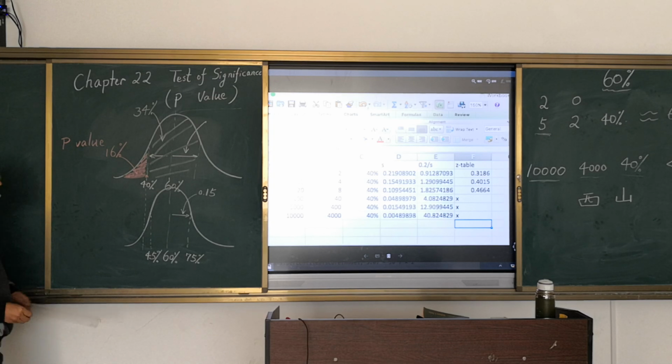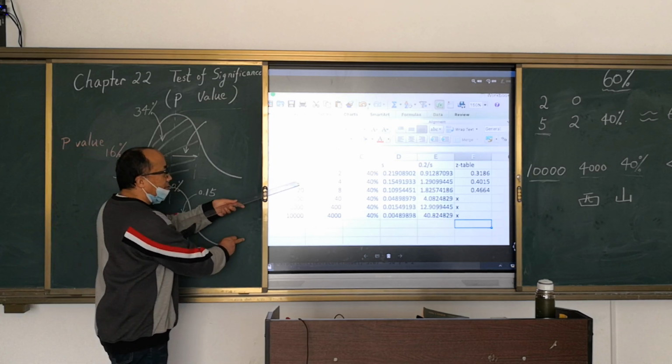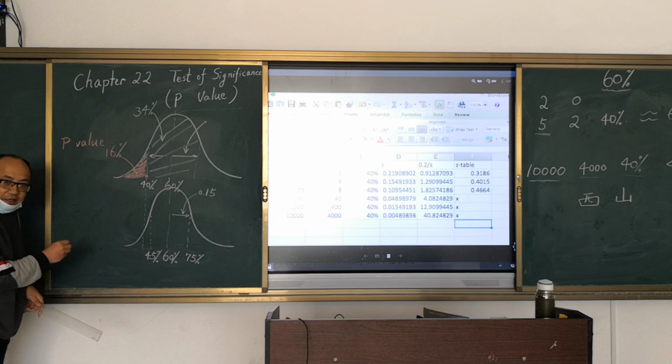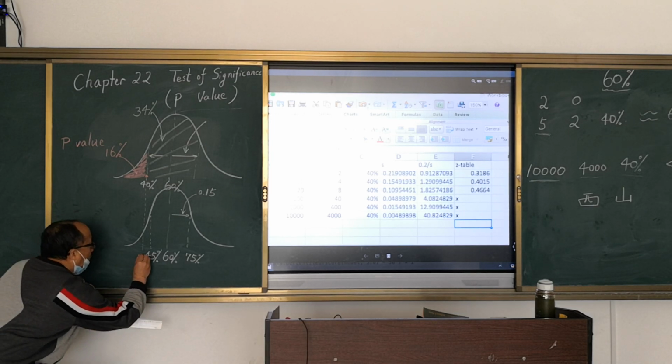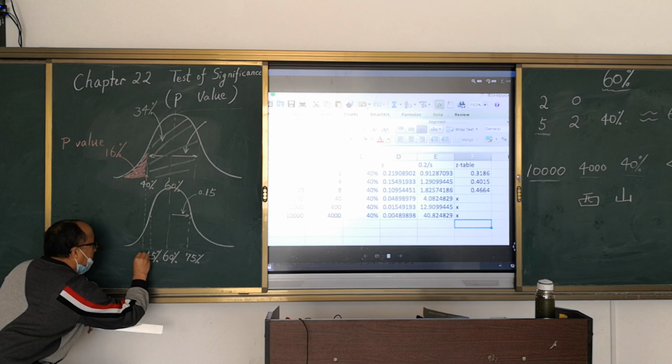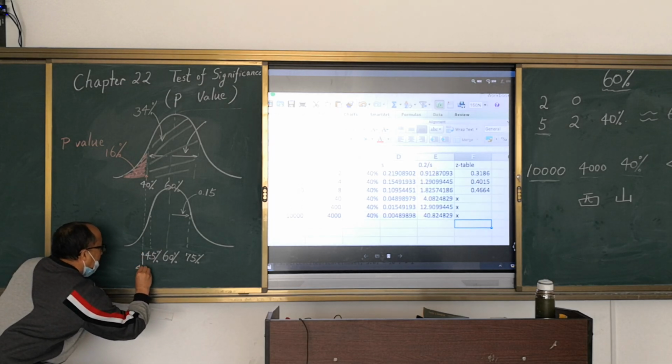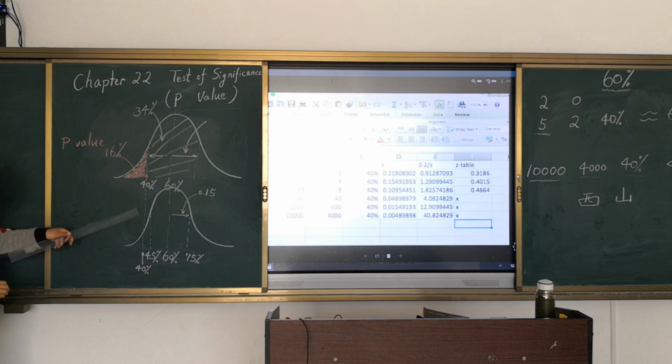What's the p-value? Calculate before you tell me the number. Where is the p-value? Here is the 40%. Straight down.